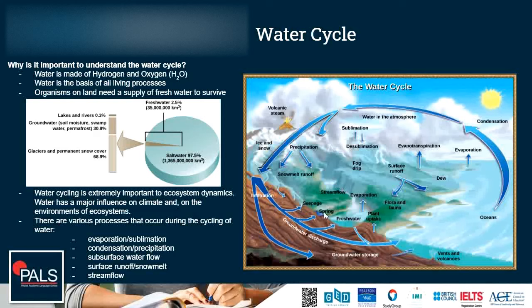Groundwater can come back to the surface through different processes, into lakes or rivers, or seeping into the ocean, which is the largest water store of all, and eventually water evaporates again from freshwater lakes or oceans, where it goes back into the atmosphere, where it condenses and precipitates. So that is our water cycle.